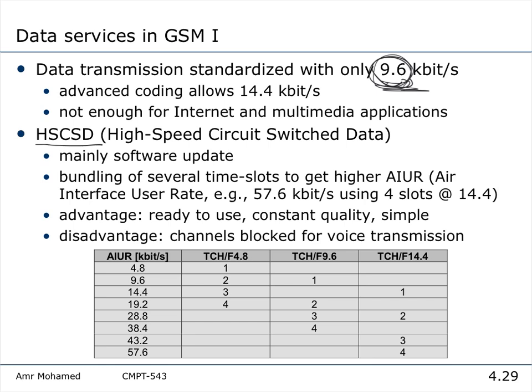So we have a super frame, which is usually composed of 8 time slots, and we have this in different channels. So a mobile station gets assigned one time slot on one physical channel, and with this time slot on this physical channel, it can achieve a data rate of 9.6.